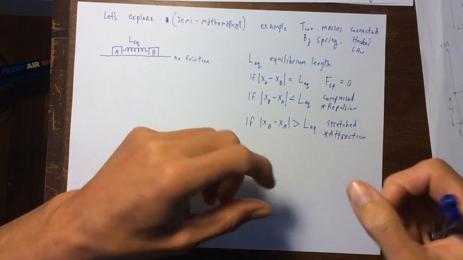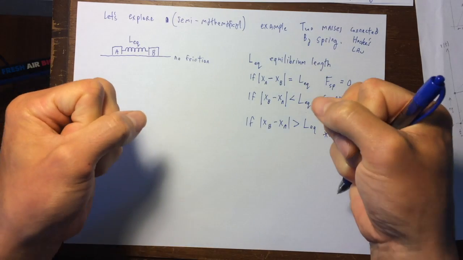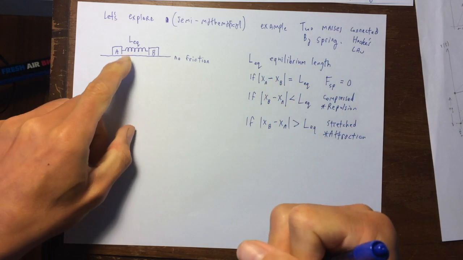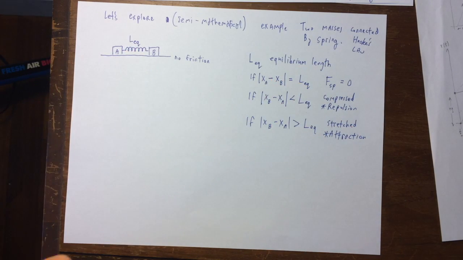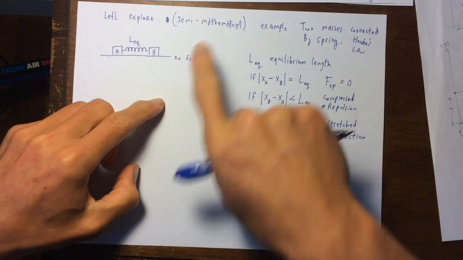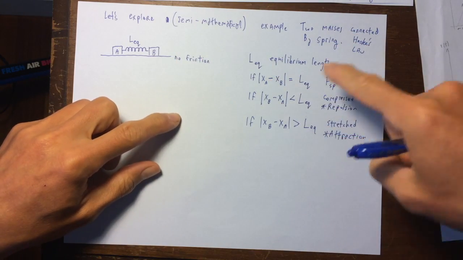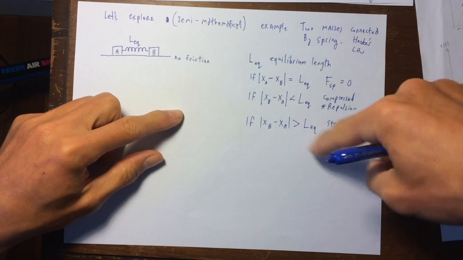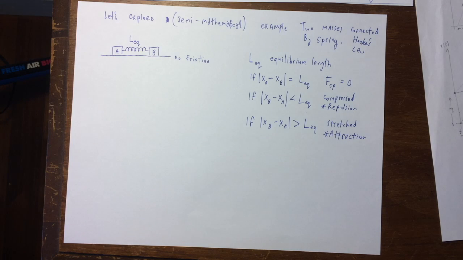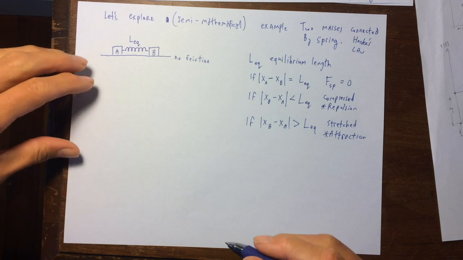So the two objects, if the spring is too far apart, then the objects are being attracted towards each other via that spring. So this is kind of like a semi-mathematical, slightly technical way to think about the forces on A and B because of this spring.